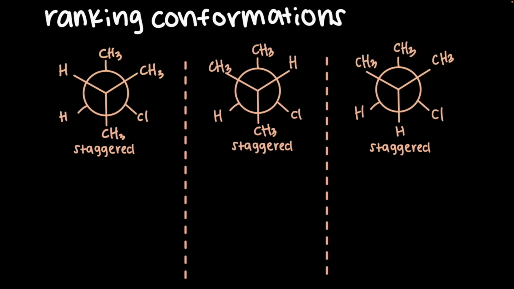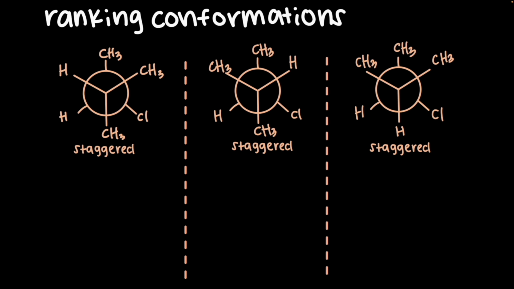Using the conformations that we drew for a full 360-degree turn, we can analyze the different conformations to find the most stable and least stable conformations for the eclipse versus staggered Newman projections. To find the most stable conformation, we're going to look at all 3 staggered conformations because we know that staggered will be more stable than eclipsed.